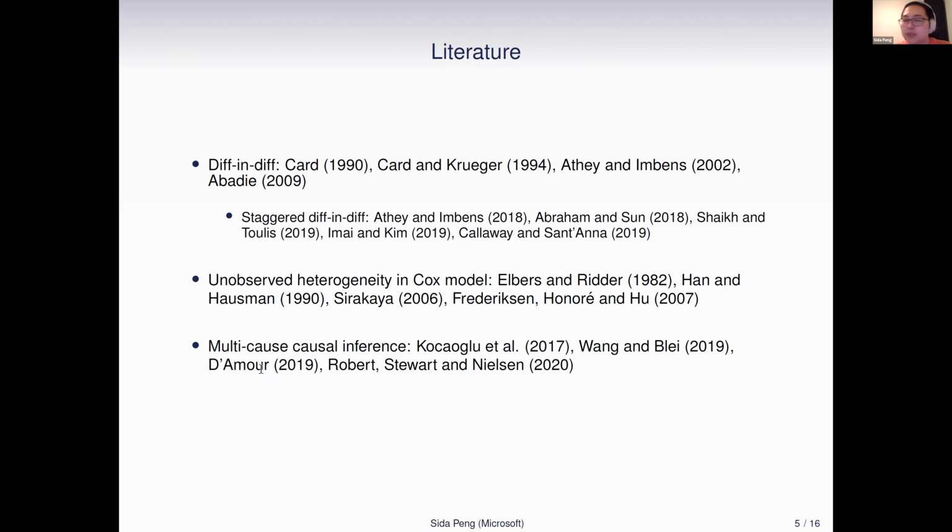So here you could think about the multiple calls as the treatment at different periods. And then we are also, in a similar way, trying to identify the unobservables and adjust for them in this instance. But we are deriving our results under a different framework.